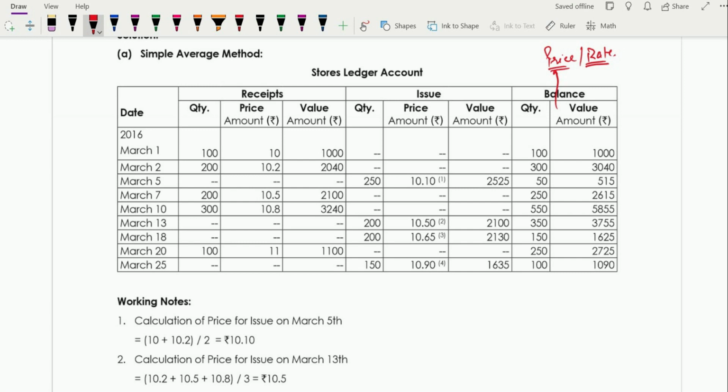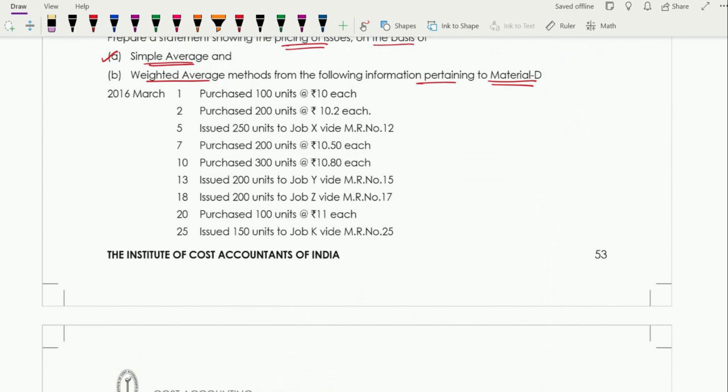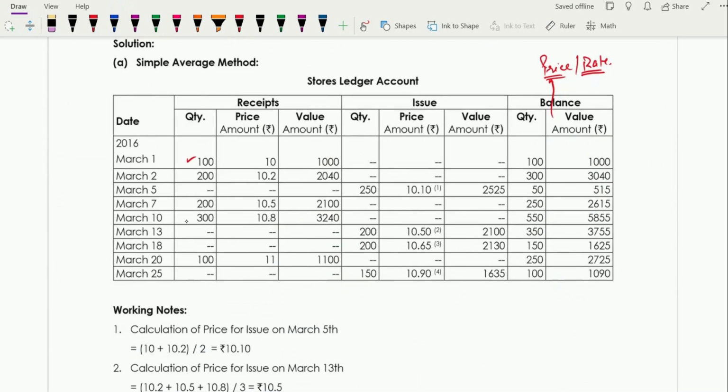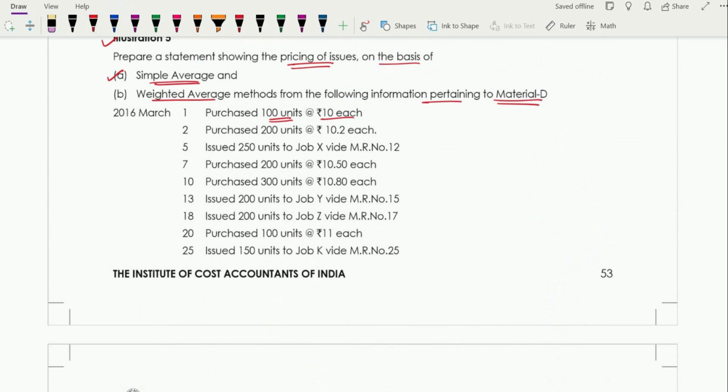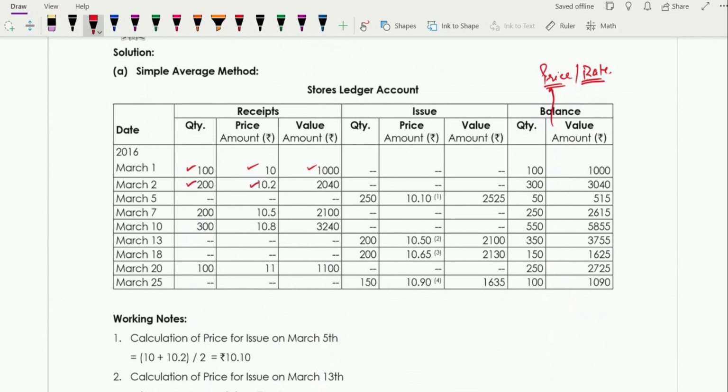Okay, so the first transaction is that they have purchased 100 units at rupees 10 each. So 100 units, price is 10, total value 1000, no issue. Then purchased 200 units at 10.2 each. Simple, 200 units at 10.2, value 2040.